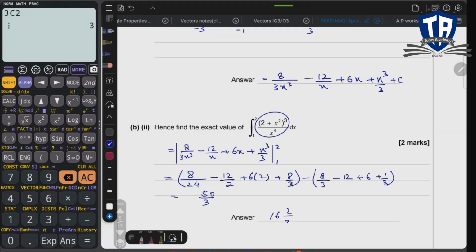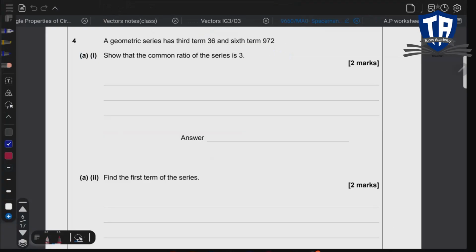The next question is 4, and this question is from geometric progression and series. The information given is that the geometric series has third term, so we can write the third term as equal to 36, and the sixth term is equal to 972. The formula for the geometric sequence is this one.